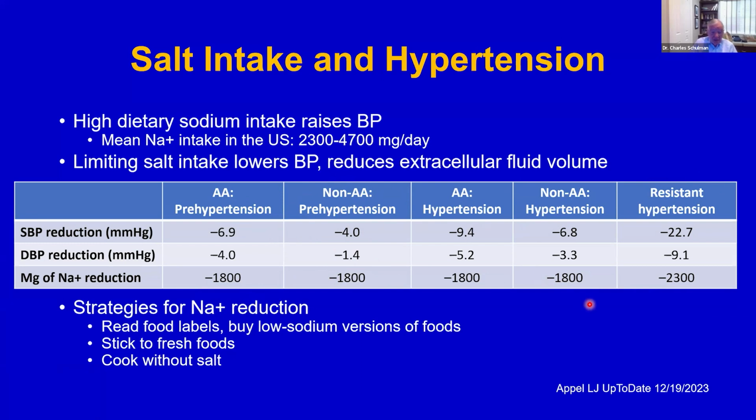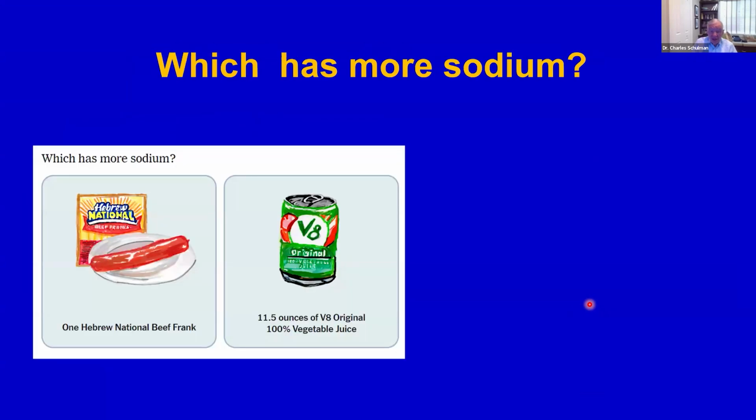Now, of course, you need to pay attention to dietary intake, and so we have some quiz questions. Okay, how's your sodium knowledge? Which one has more sodium, the Hebrew National Beef Frank or 11.5 ounces of V8 vegetable juice?